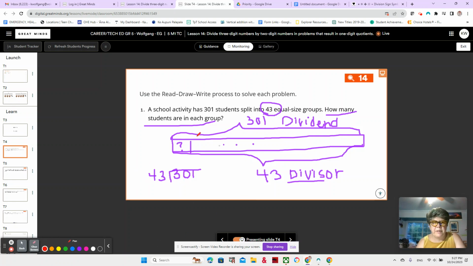Let me get a red pen here. So 301, that's pretty close to 300, isn't it? Right? And then divided by 43. Now, what I like to tell people is look at your multiplication chart or think about your multiplication tables, and you're going to think about 4 and 3 or 4 and 30. 4 times 7 is 28. 4 times 8 is 32.